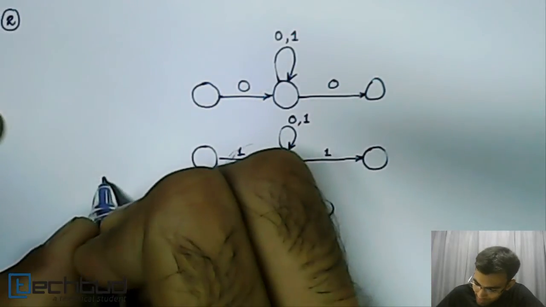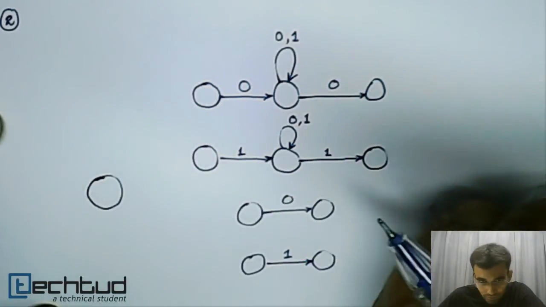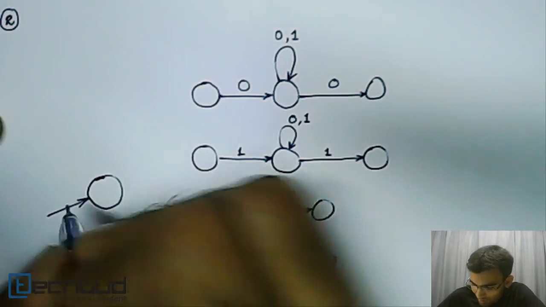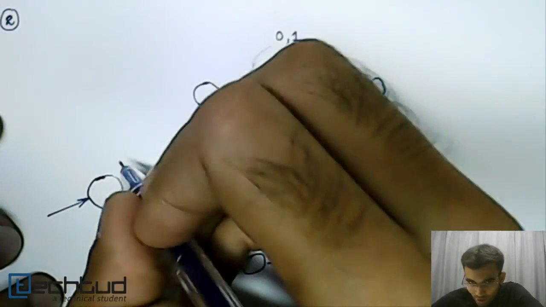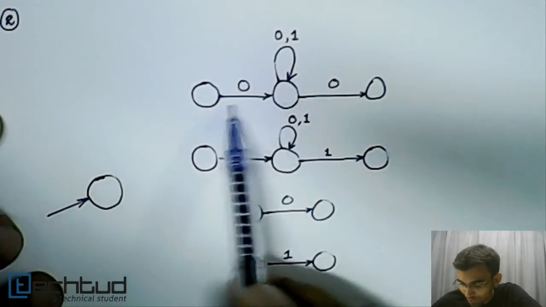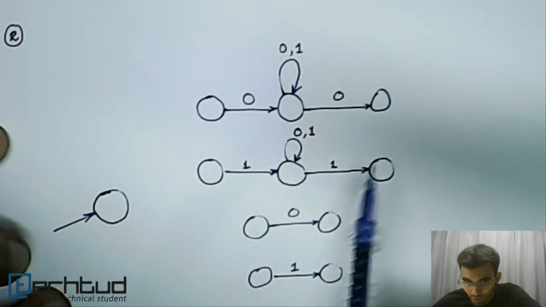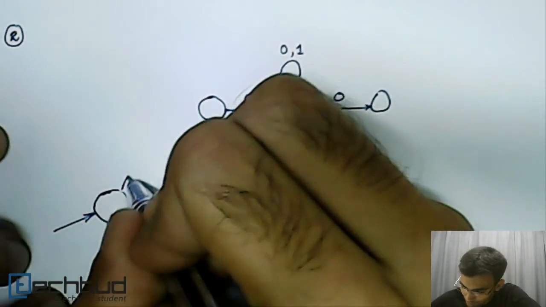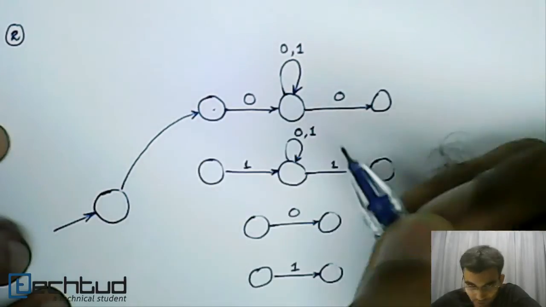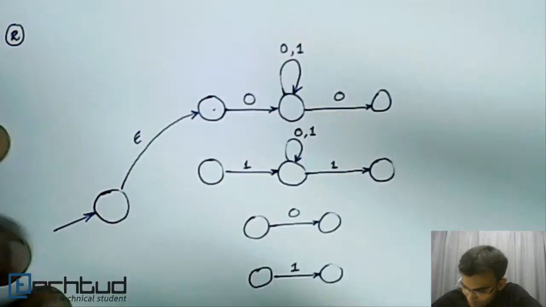We do this by adding a dummy start state. So this is my dummy start state, and I have an epsilon transition to the start state of the automaton for each component of the union. So this was my component of the union, this was its start state, so I have an epsilon transition.